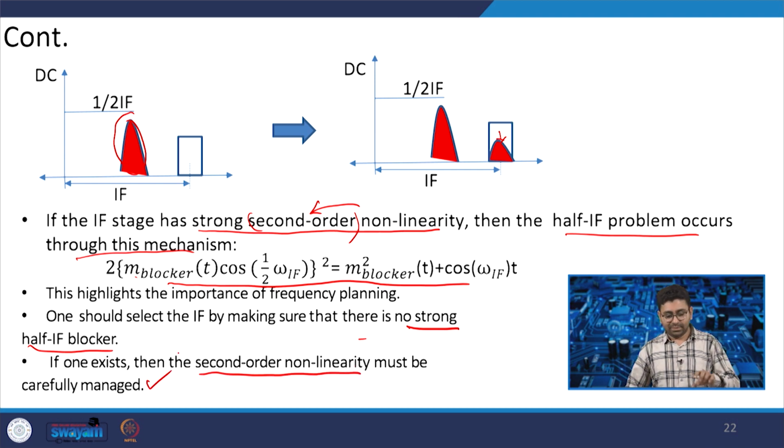So, always when we do the LO planning, we need to be careful that we should not have the half IF blocker in between the frequency that we have decided, and the LO is not a multiple of LO2.